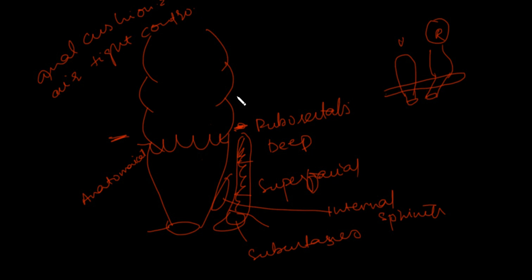And one more thing I want to mention: the internal sphincter muscle is involuntary muscle, and the external sphincter muscle is our voluntary muscle that is supplied by the somatic nerves. Through the external sphincter muscle we have some voluntary control on our continence, and the internal sphincter acts on the basis of reflexes like the gastrorectal or colorectal reflex.